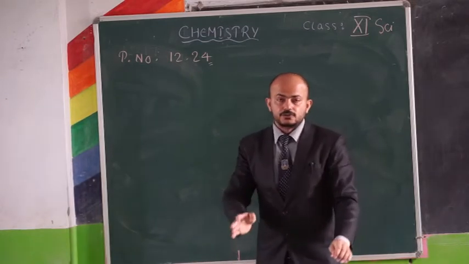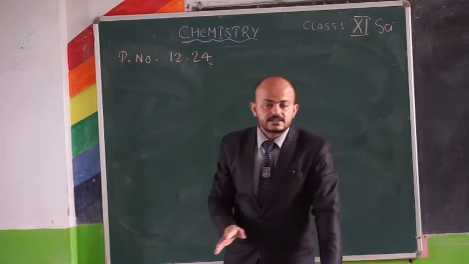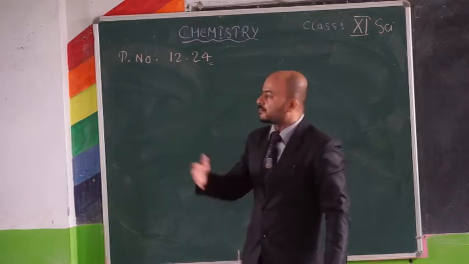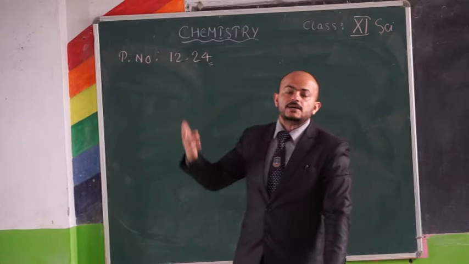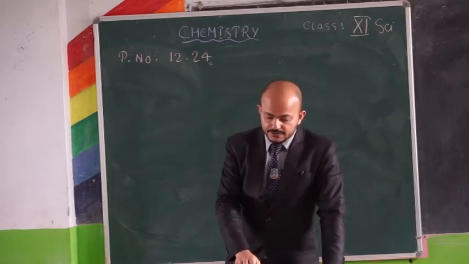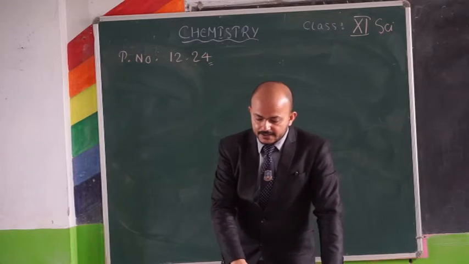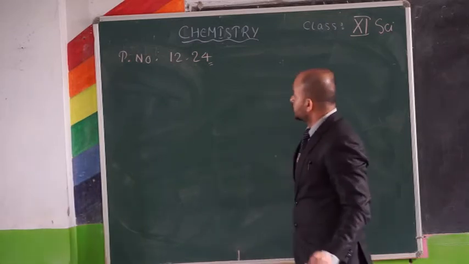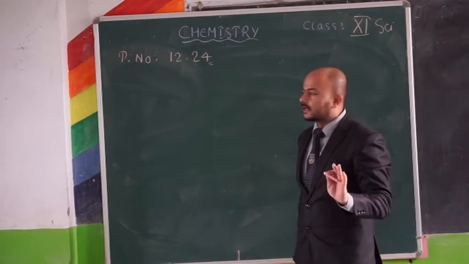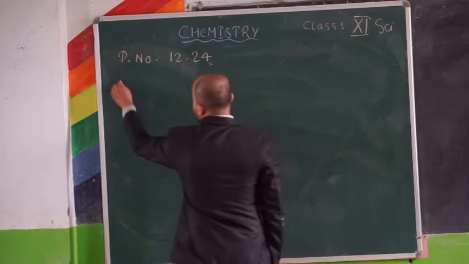Now let me tell you, here are certain steps that are given. Please go through them. These steps we will be applying to name certain complex compounds. You have to always remember that the functional group is given the most preference in numbering. Now, the priority order we have to remember.